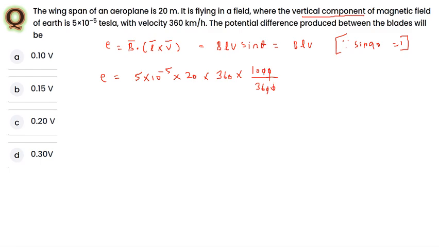So we have 5 × 10^-5, you cancel 36 and 36, this is 10 times, 20 is there, and 10 into 10 is 100. So 5 into 20 is 100, 100 into 100 into 10^-5. So we have 0.1 volt here. So the answer in this case is 0.1 volt.